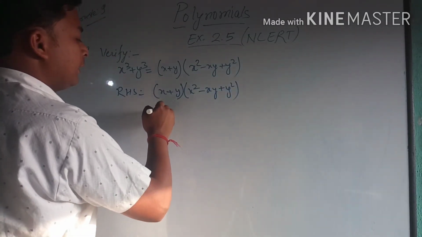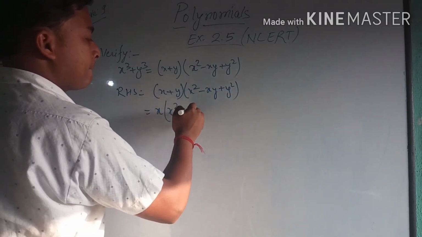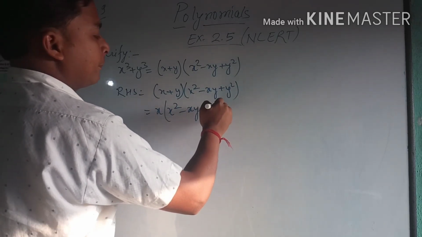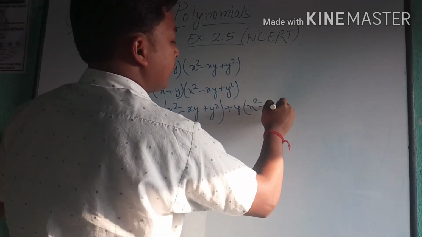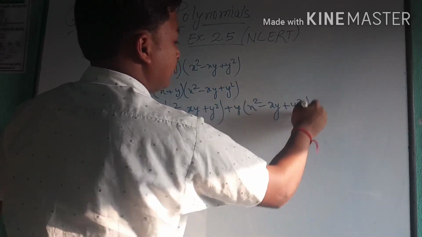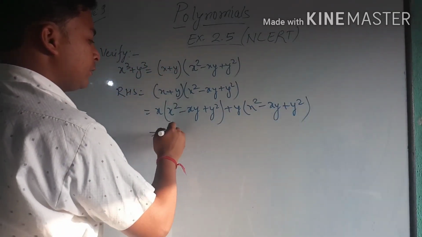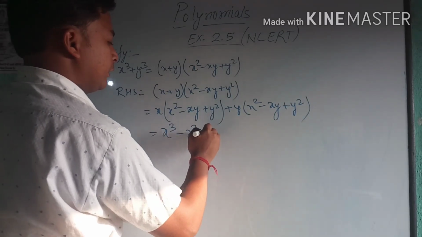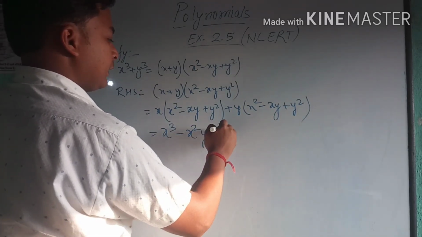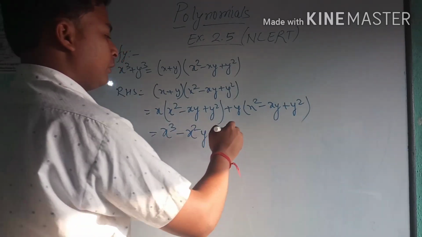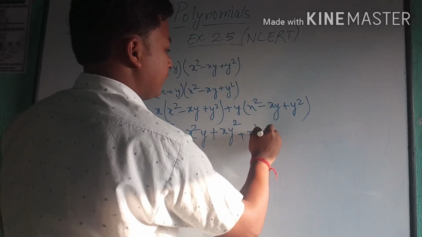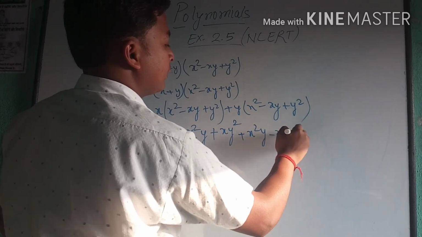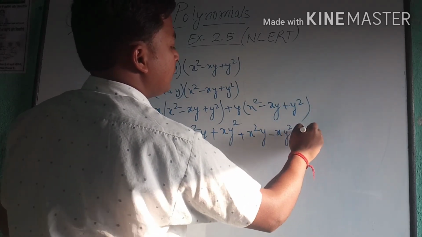If we multiply it, x into x square minus xy plus y square, plus y into x square minus xy plus y square, then it can be written as x cube minus x square y plus x y whole square plus x square y minus xy whole square plus y square.